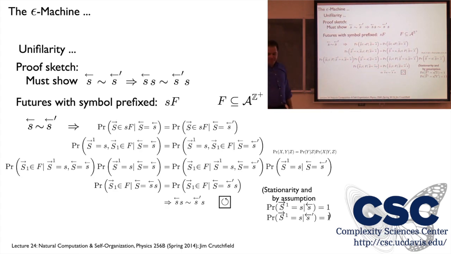Yeah? Doesn't really matter, but it seems like you don't even have to assume that's one because those two probabilities have to be equal because... We assumed them in a sense. What's that? We assumed them. I guess that's true. The fact that those probabilities are equal just follows from them being in the same equivalence class, the histories, right? Yeah.